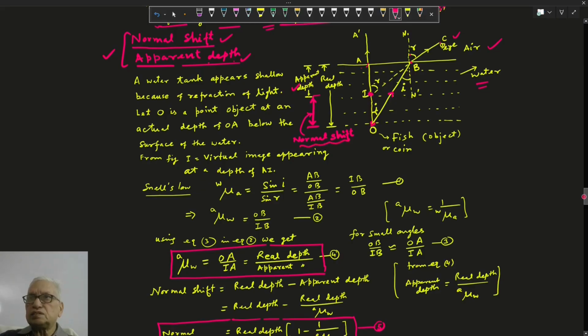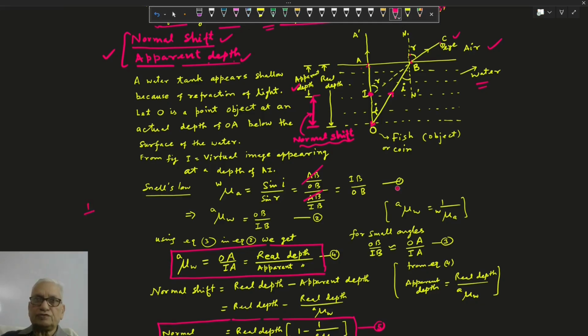So this AO is the real depth, and AI is the apparent depth, OI is the normal shift. Now from the figure, Snell's law, we are moving into air from water in relative terms: sin i upon sin r. In triangle OAB, sin i means AB upon OB, and sin r means AB upon IB. AB cancels out. If the angles are very small, it can be reversed. इसको reverse कर दिया, तो ये भी reverse हो.